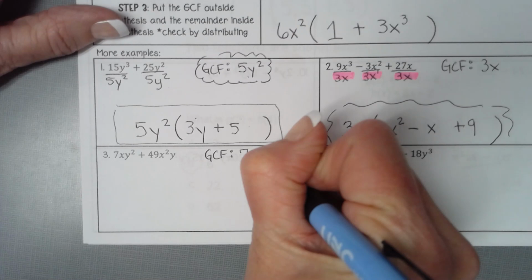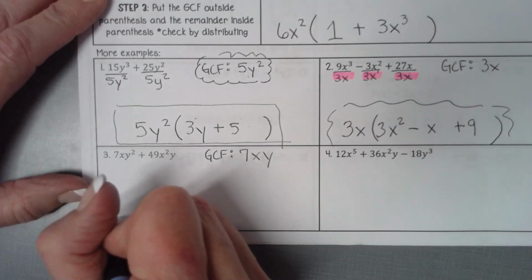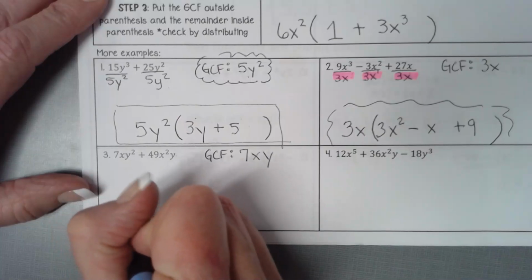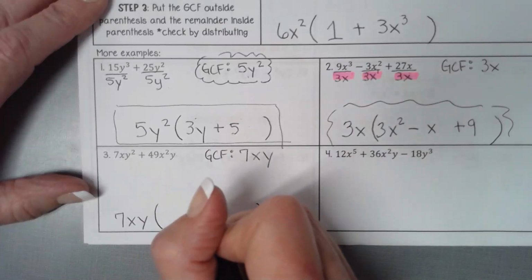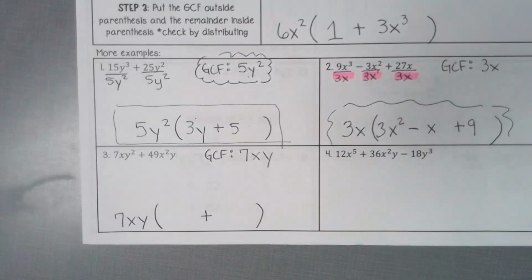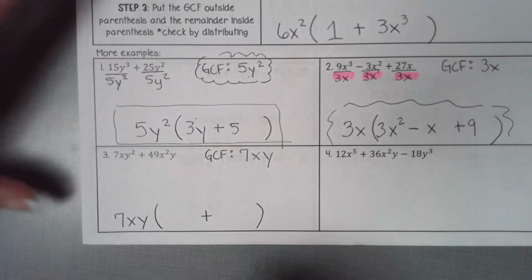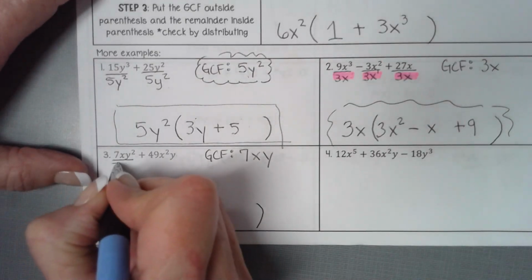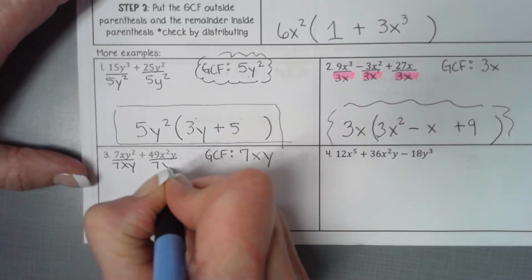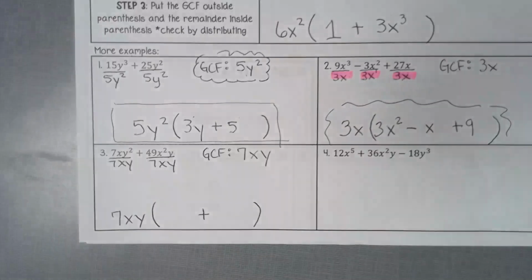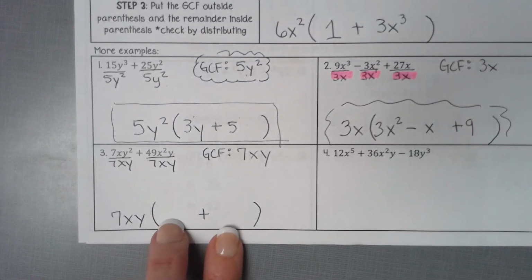So, y'all, that's my GCF. So that goes on the outside. I'm going to set up a big parenthesis. I can go ahead and put a plus sign here to separate my 2 spots. So I'm going to let you guys finish. See if you can figure out what goes in those 2 spots.